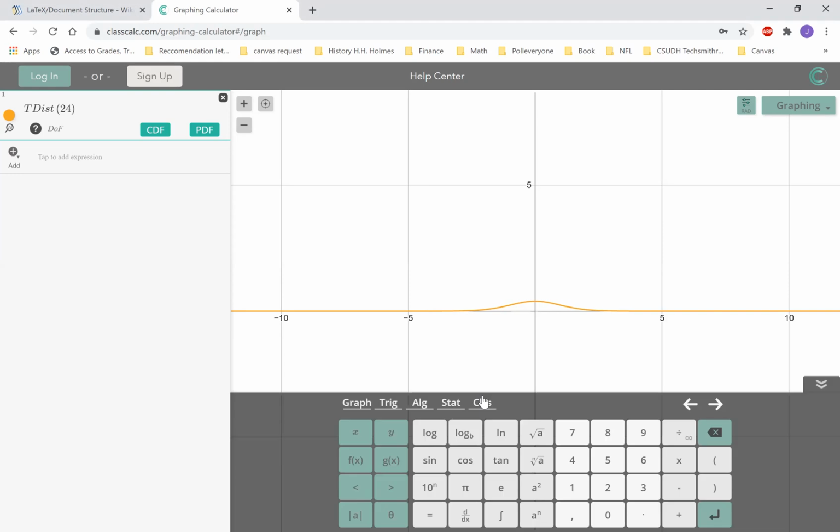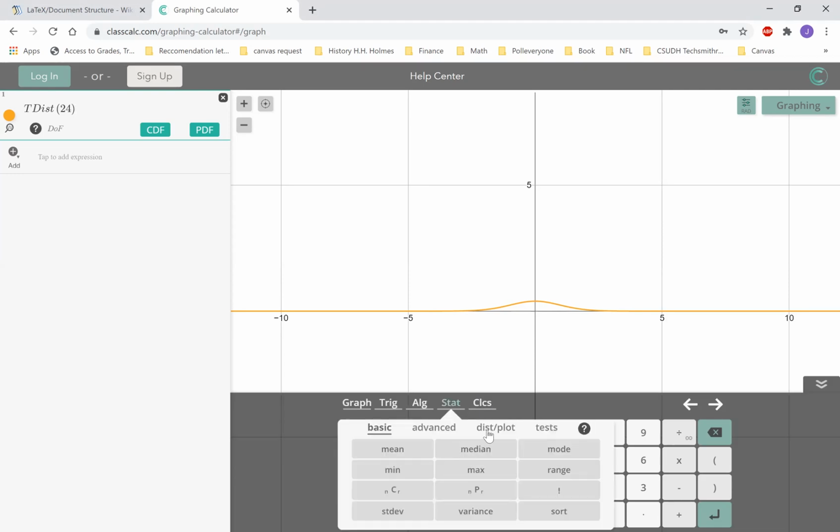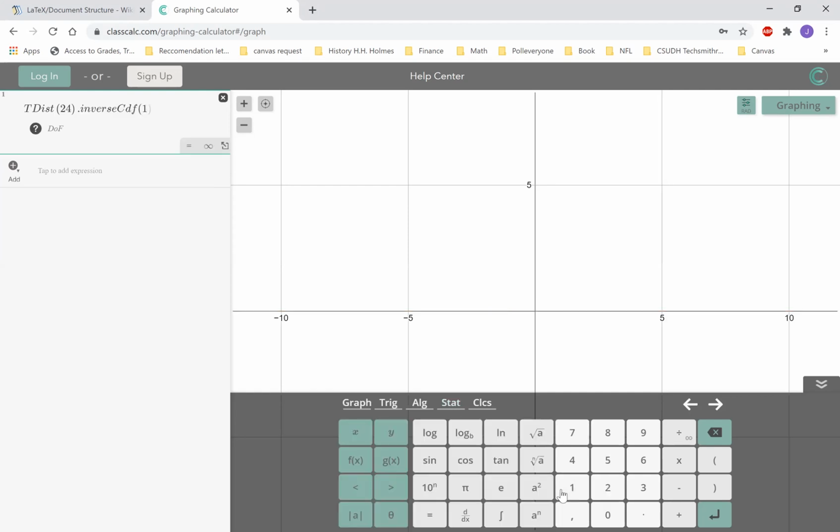So up next, what we have to do is go to stats again, go to distribution. But if you remember when we were finding the Z value, now you want to hit inverse CDF. So we want to do the inverse CDF, and right here, you put 0.025.